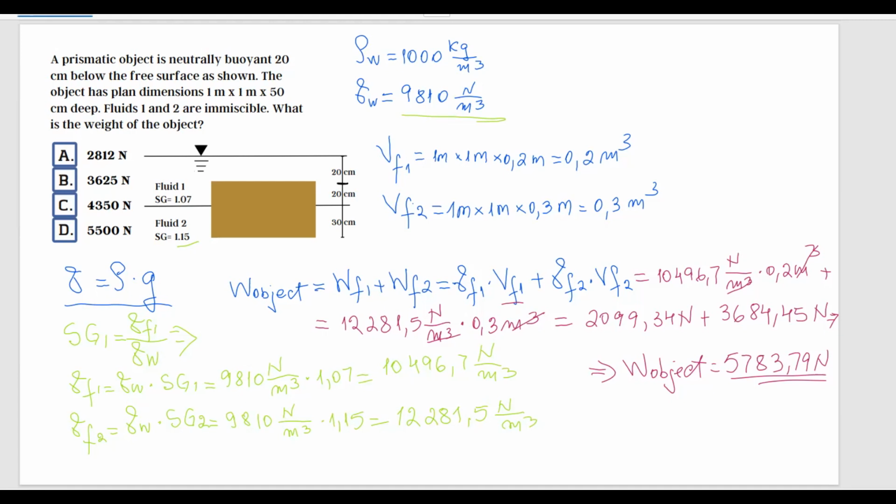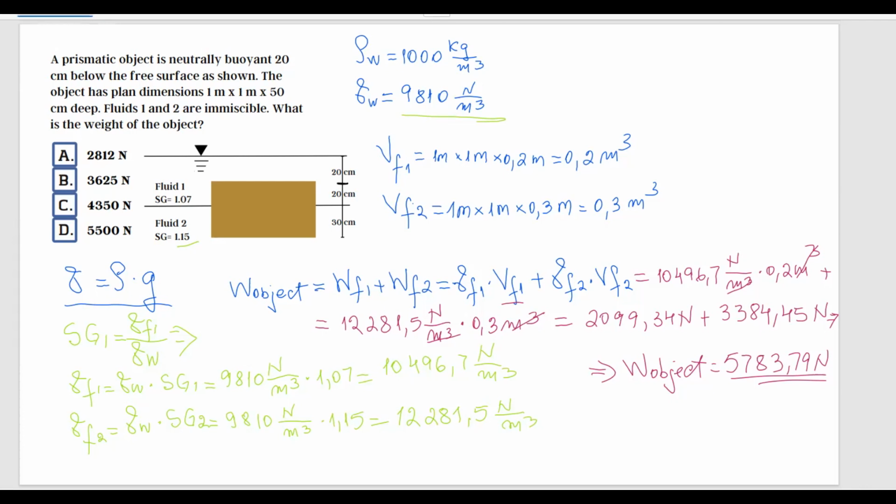So first, 9,810 times 1.15, and then times 0.3. So I think over here, I'm going to take this out. This value is 3384.45.